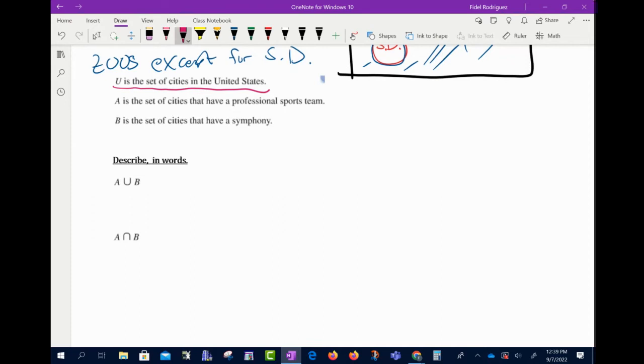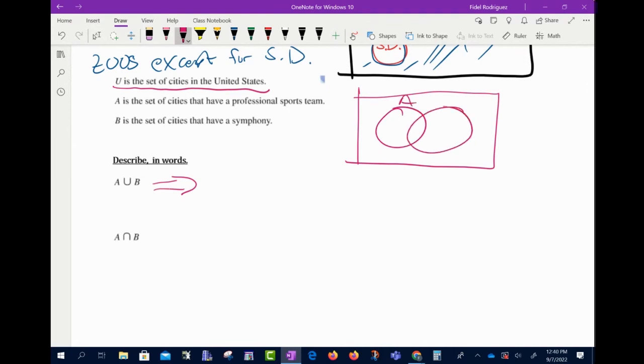Now, we want to know, what does this part here mean? A union B. So y'all, just to get a visual again, just so that I know what I'm talking about. Look, here's A, here's B. That's my universal set. When we're talking about A union B, visually, this is what we're doing.